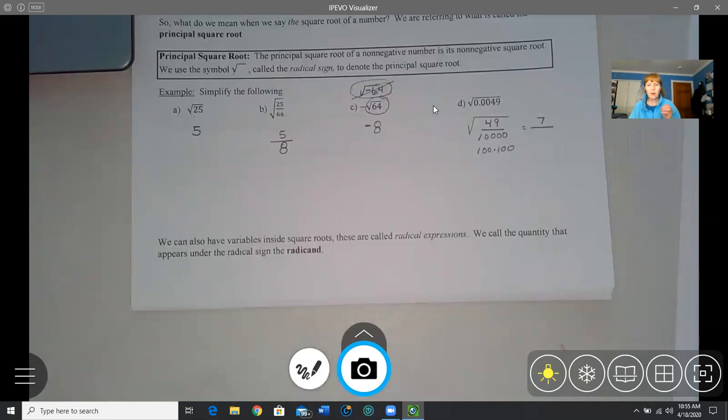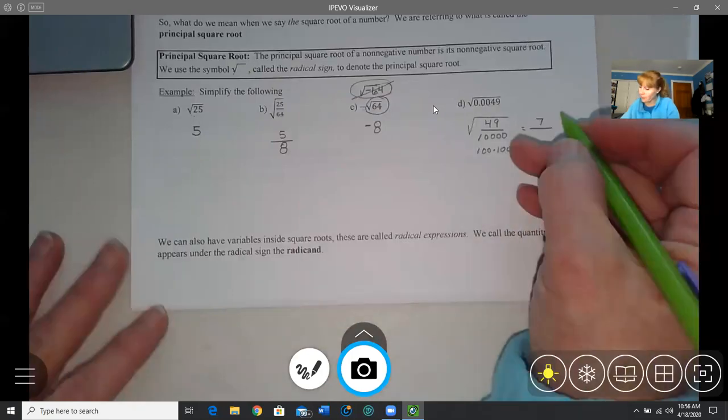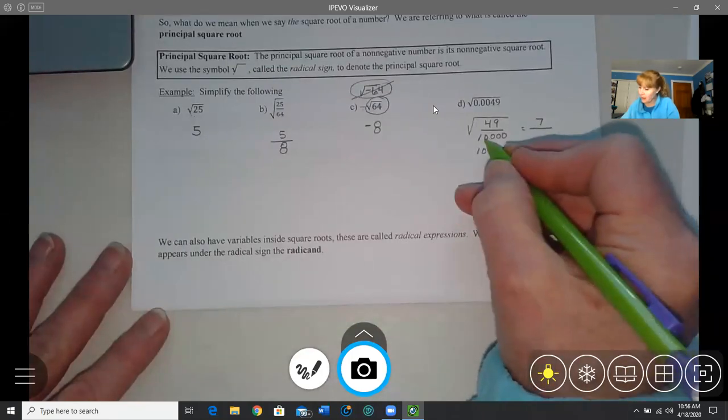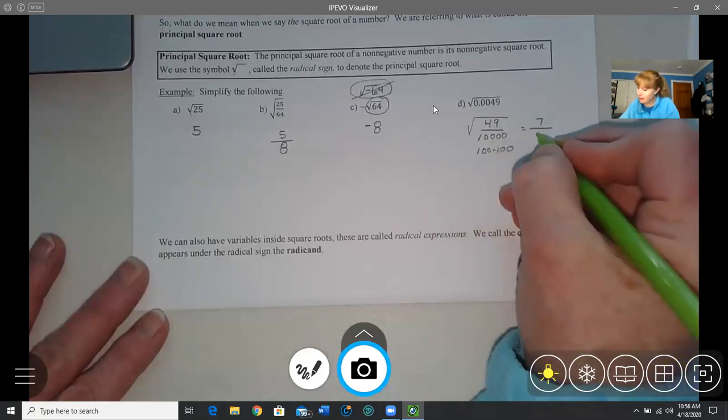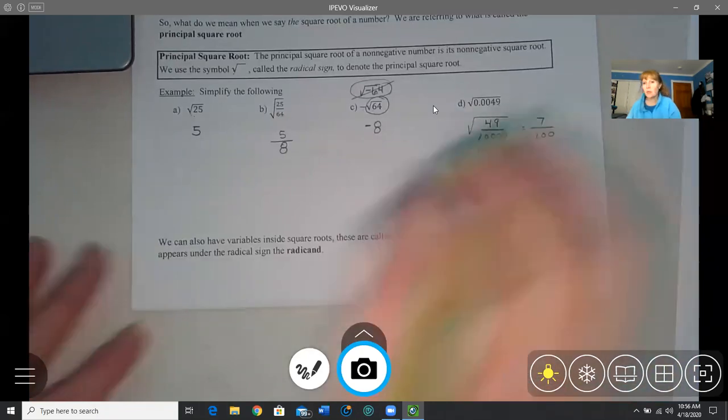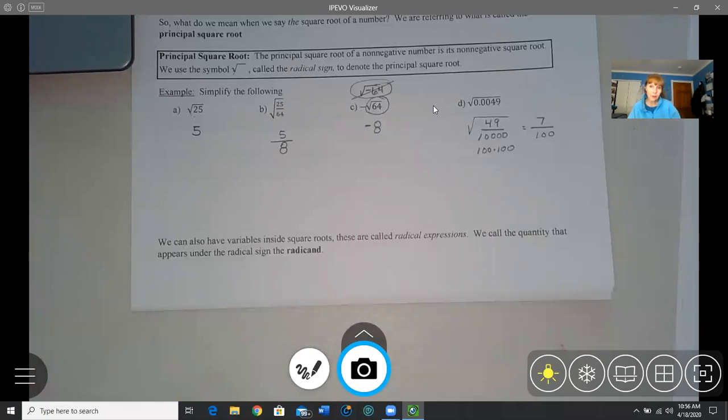So just like the square root of 4 was 2, because 2 times 2 gives you 4, and the square root of 25 was 5, because 5 times 5 gave you 25, the square root of 10,000 is 100, because 100 times 100 gives you 10,000.